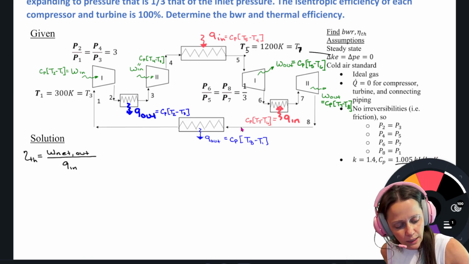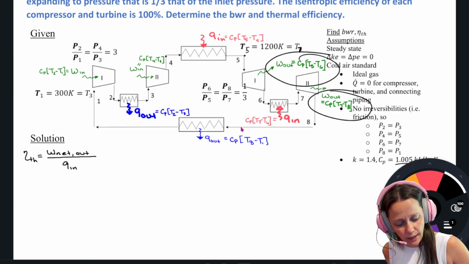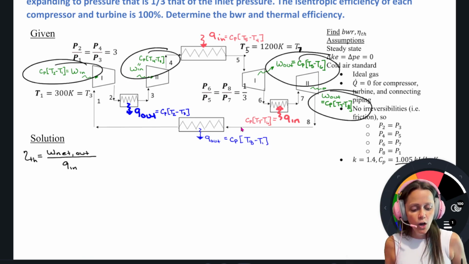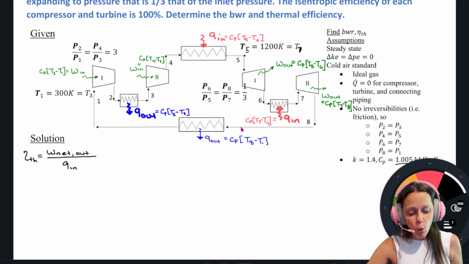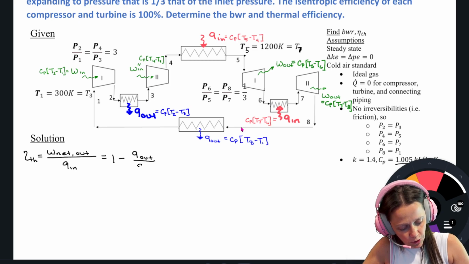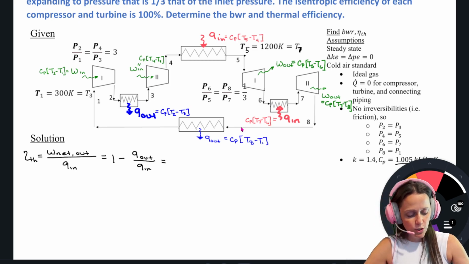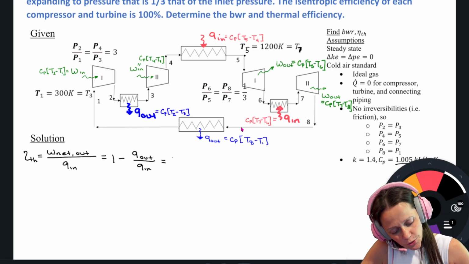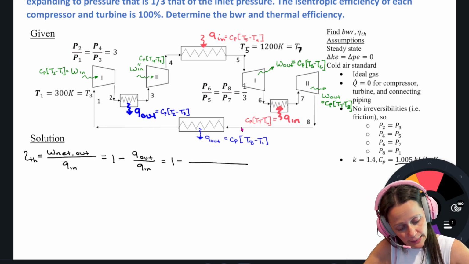So it would be this guy plus this guy minus this guy minus that guy, over Q in, all the Q in. Or you put it in terms of 1 minus Q out over Q in. And when we write Q in and Q out, we're talking about all the Q in, all the Q out for the cycle.